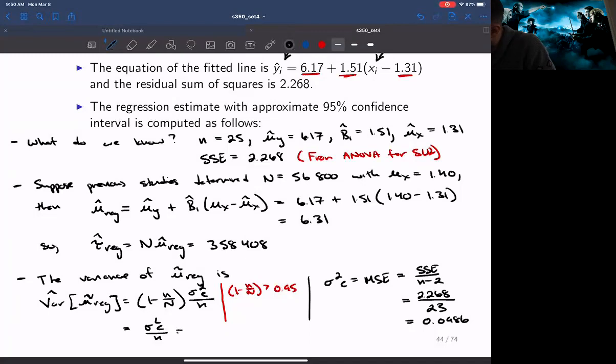So then this thing is going to be 0.0986 divided by 25. Which is 0.0039.